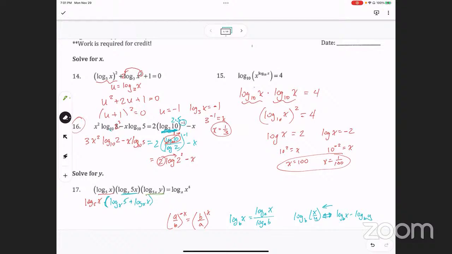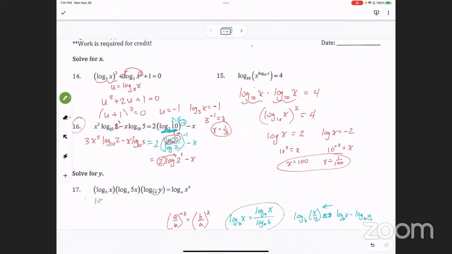Okay, let me start over. Here's my next idea. I'm going to change all of these to base 5x. No, I'm going to change them all to base x, maybe. Let's try that. If I change everything to base x, now I'm using the change of base formula over here.